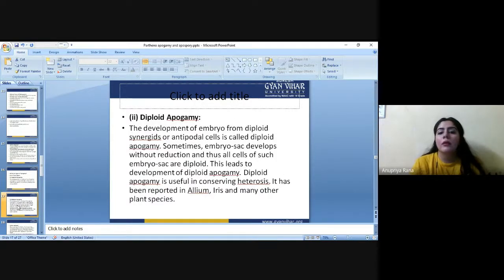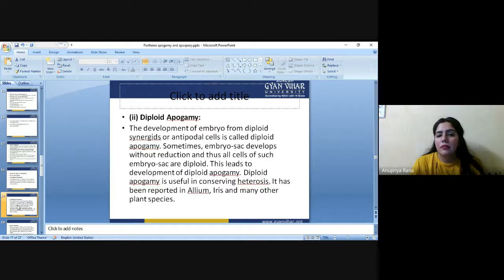Diploid apogamy is the same as diploid parthenogenesis, but the cell involved is different. The development of an embryo from a diploid synergid or antipodal cell is called diploid apogamy. This happens because of the absence of reduction division, so the cell stays diploid and produces a diploid embryo without fertilization.